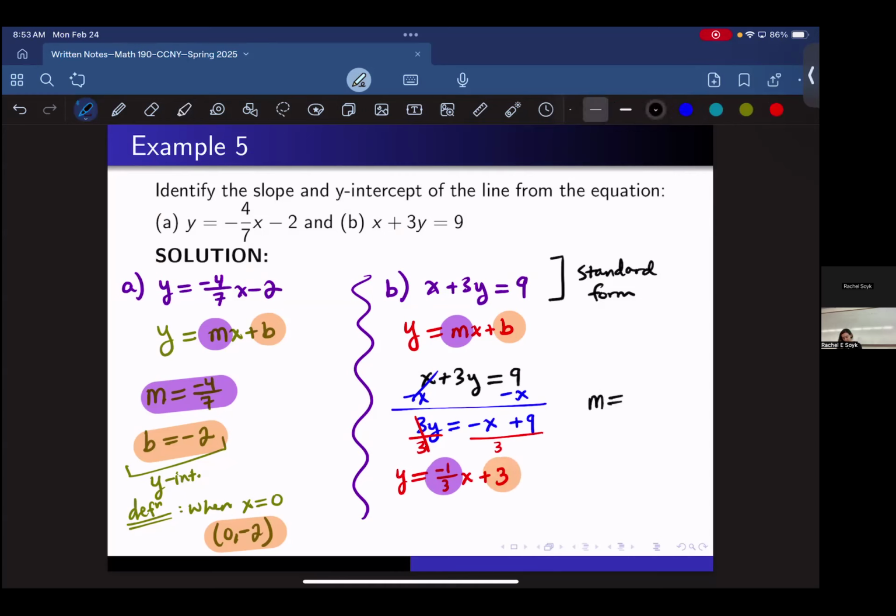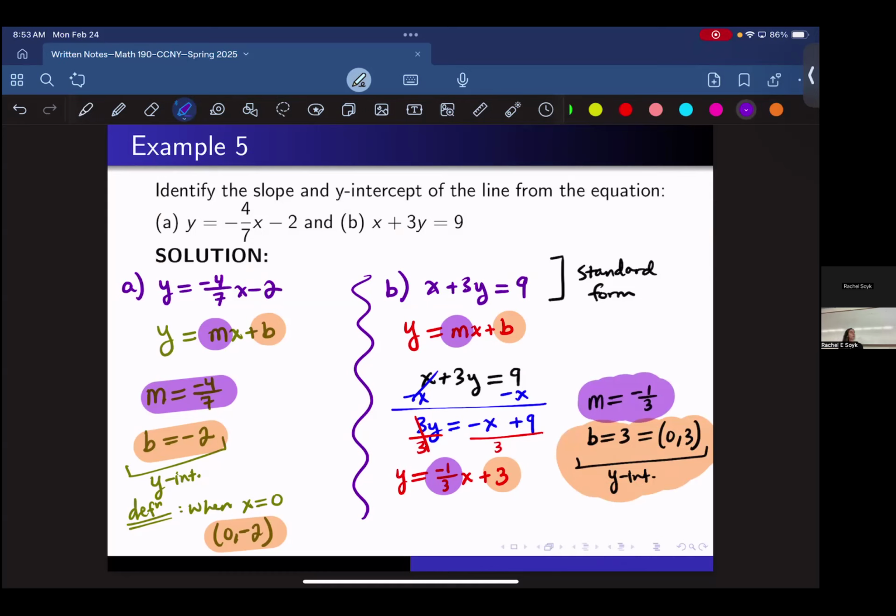What's our slope? -1/3. And then what's our y-intercept? 3. In coordinate form? Good. And we're done. Any questions?